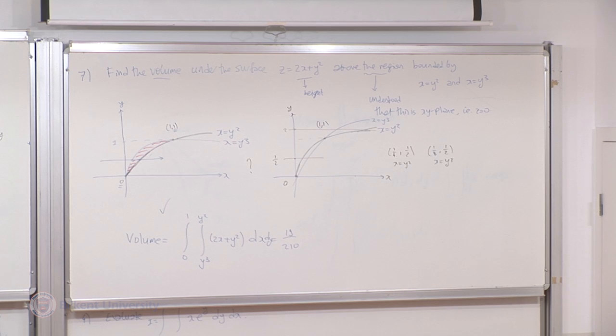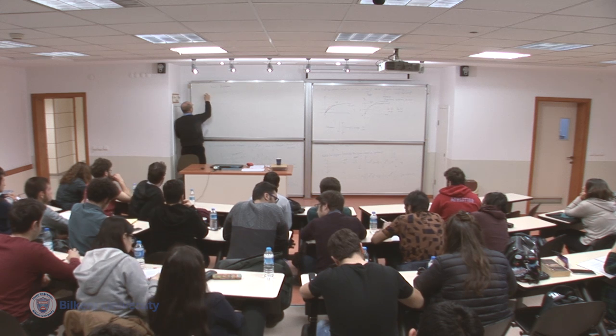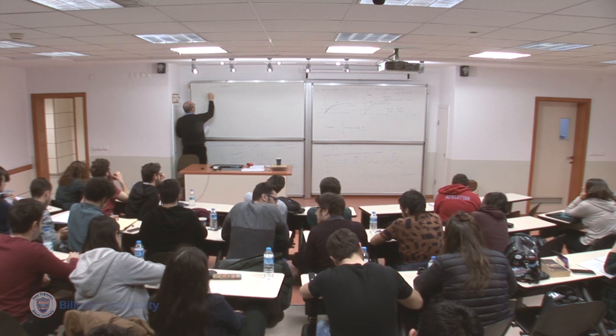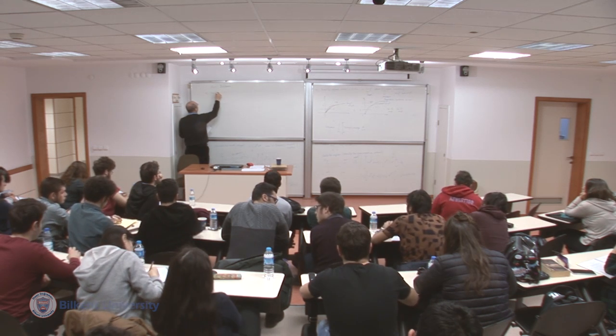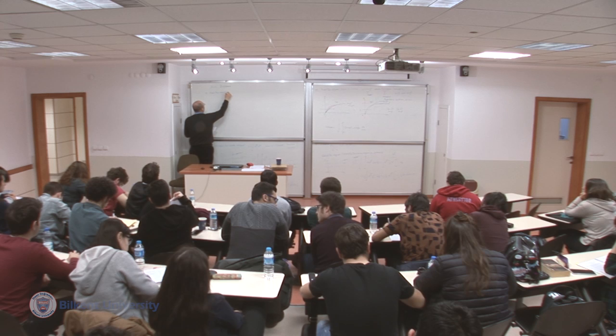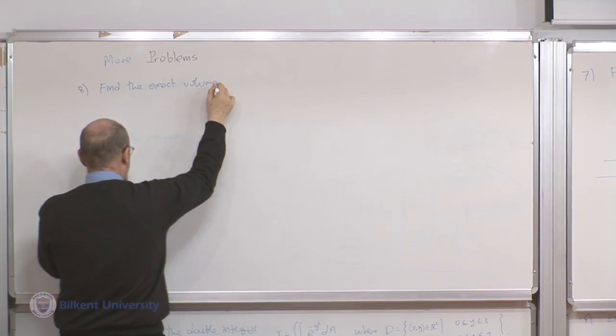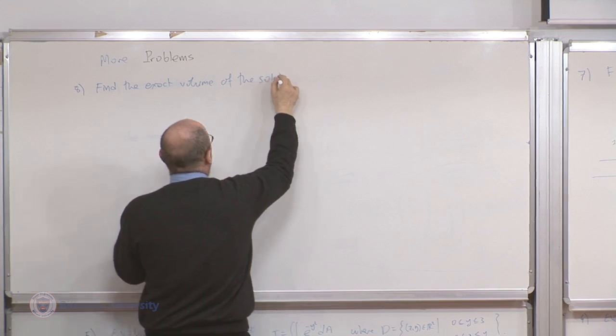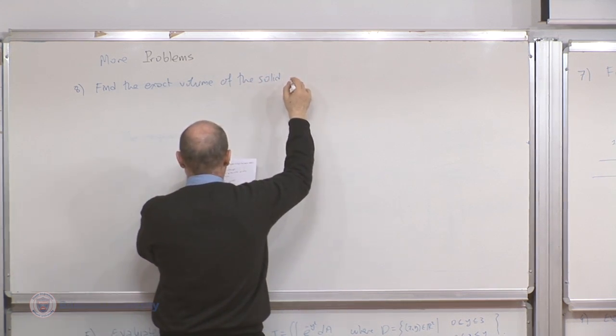Okay, so the last problem before we say a few words about polar coordinates is a similar thing. Find the exact volume of the solid. This is from your book.